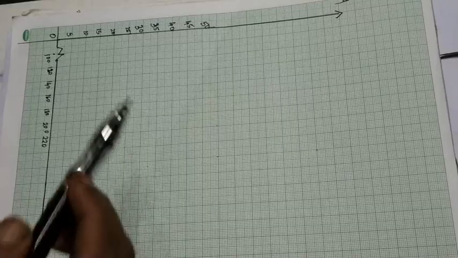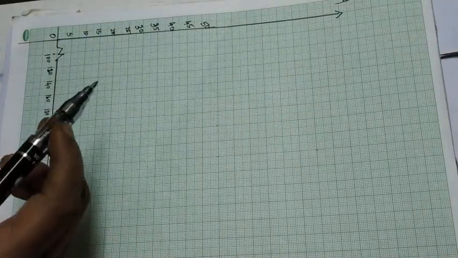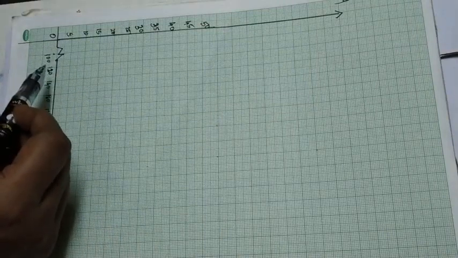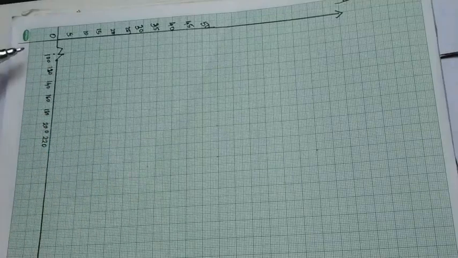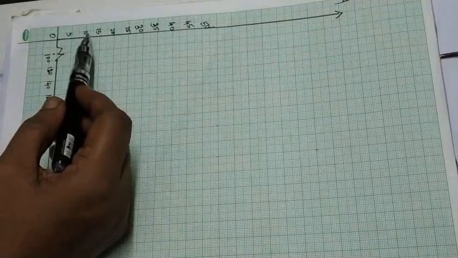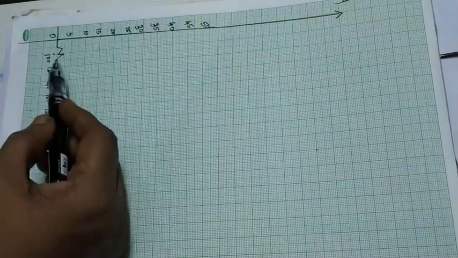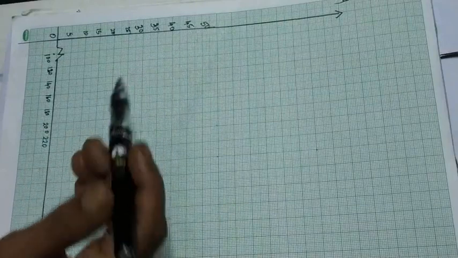Now we have to prepare the table like that. Starting point 120, if you want you can put that one. Then here I took 5, 10, 15, 20 like that, that is the broken one I prepared, up to the last one, 50.